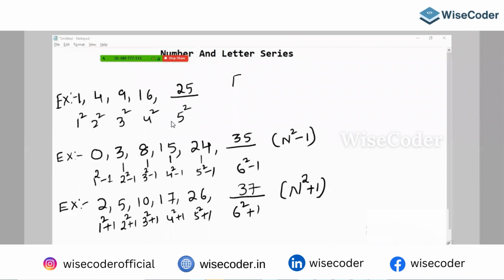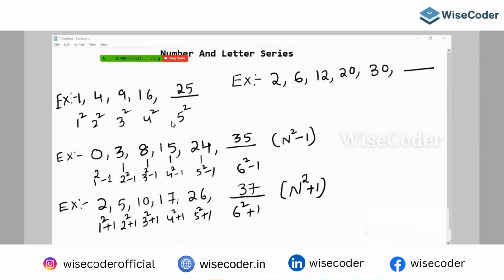Let's take one more example. If the series is like this: 2, 6, 12, 20, 30, dash. What kind of series is this?